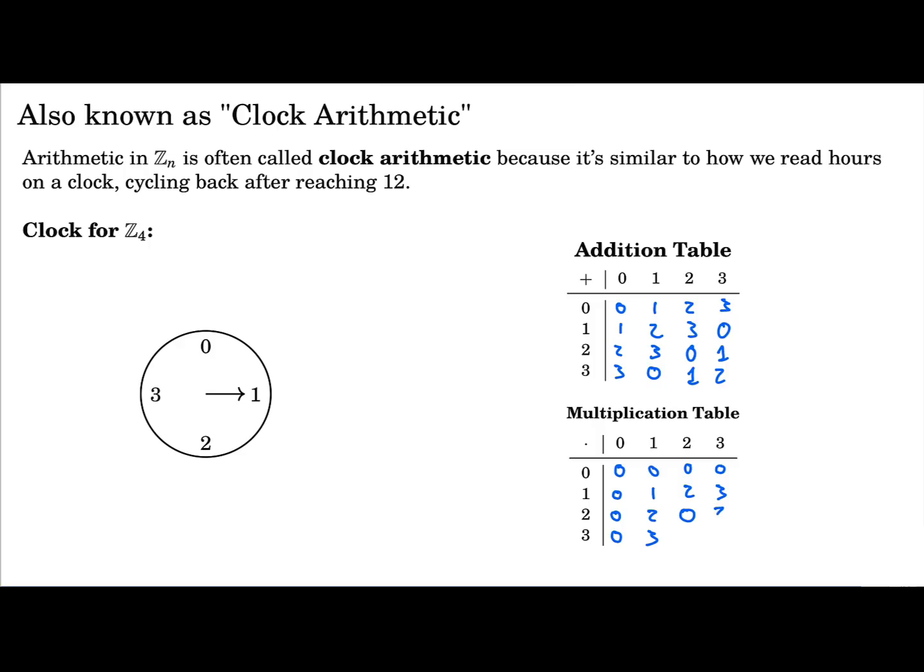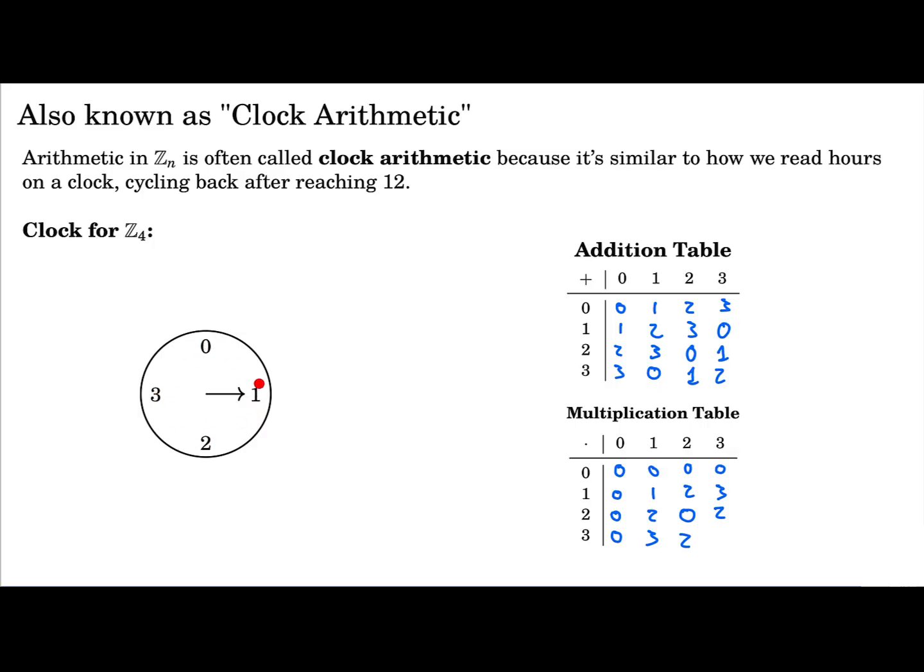And so 3 times 2 is 6. 3 times 3 is 9. So 9, if you do 1, 2, 3, 4, 5, 6, 7, 8, 9, well, wait, did I do it right? 9 by 4 will be 1. So I did something wrong here. So you start at 1, then 1, 2, 3, 4, 5, 6, 7, 8, 9.